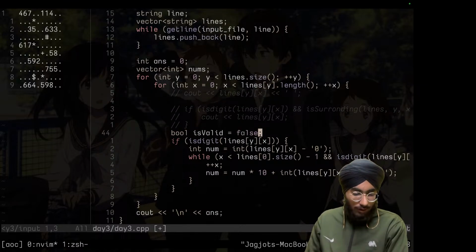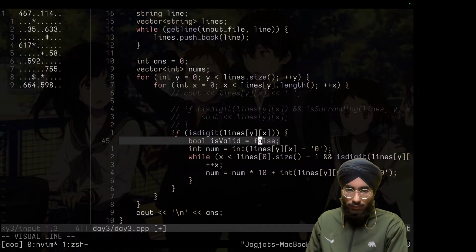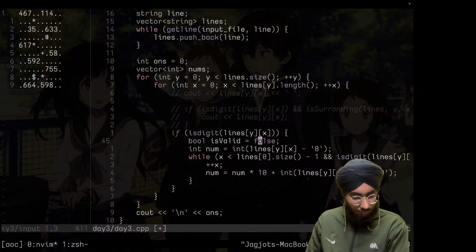And num is equal to 0. Yeah, bool is valid, num is equal to this. And then the while loop.